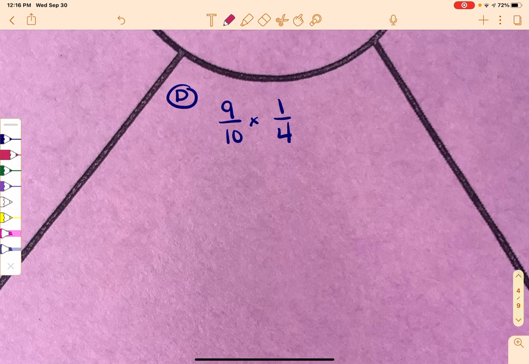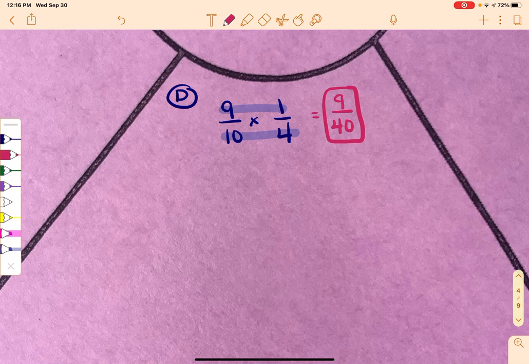Again, we're in complete fraction form, so we can go ahead and multiply across. 9 times 1 is 9, and 10 times 4 is 40. Now, I could put that in decimals, but that's one that's not going to reduce at all. I hope you're getting the hang of going to decimals every time to make sure you're on the right track. Okay, so now we're going to flip it over.